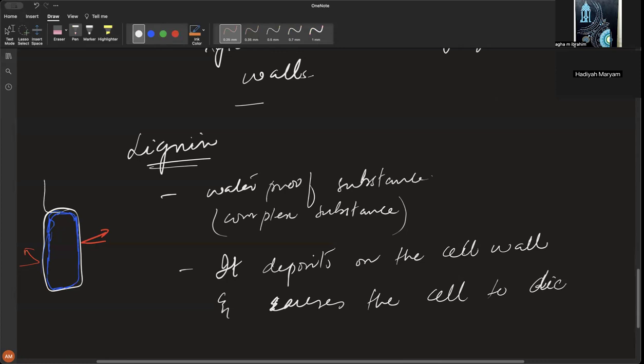The cells are present like this, and in between they have something called plasmodesmata, which form connections between them. What happens when the lignin starts to develop? It develops in all of it, causing the cell to die.